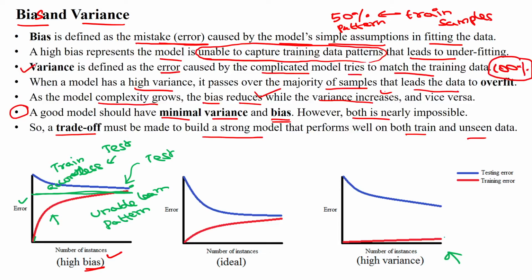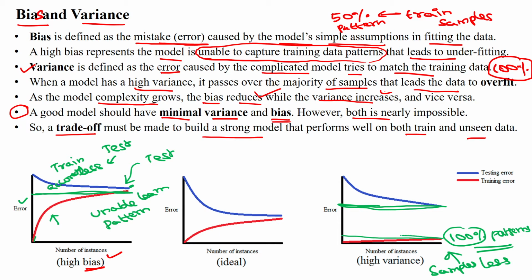Here the model learns 100 percent of the patterns, learned perfectly, but the number of samples is small. When you have a small number of samples and the model is learning 100 percent of the patterns, the testing error is high but the training error is very low.